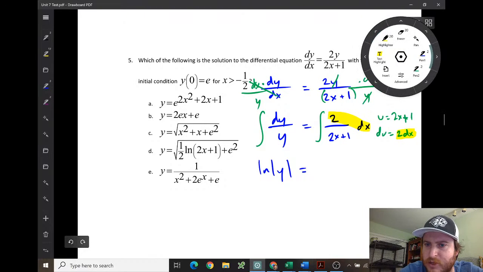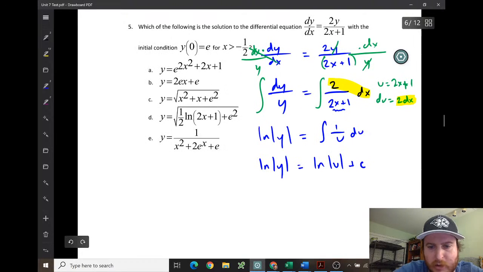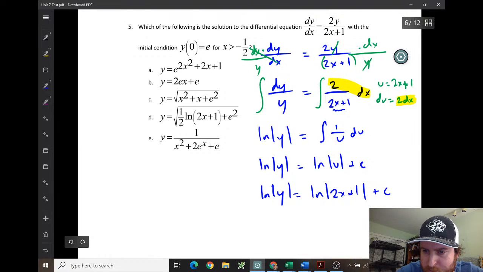So this now turns into the integral of 1 over u. This became my u, du. So that gives me the ln of y equals the ln of u plus c. That'll turn into the ln of y equals the ln of 2x plus 1 plus c.